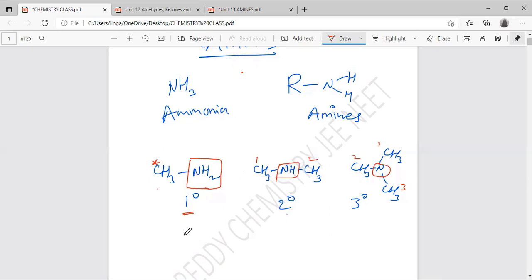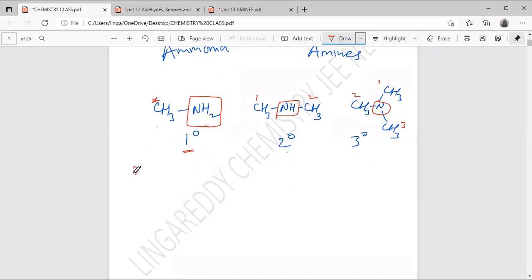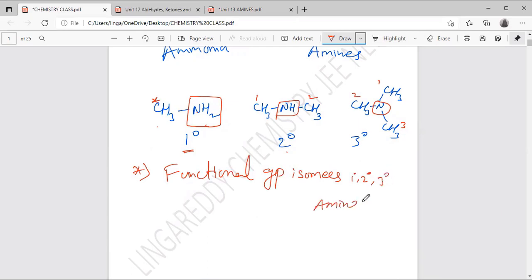Okay. So here, an important point is that all these three are functional group isomers. Primary, secondary, and tertiary amines. Of course, these three are not, because here only one carbon, two carbons, three carbons are there.